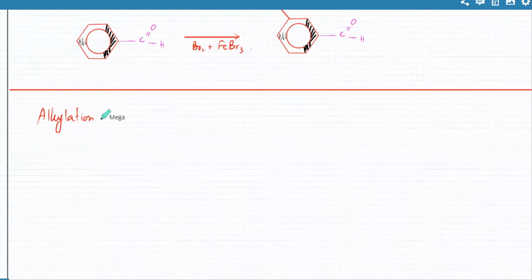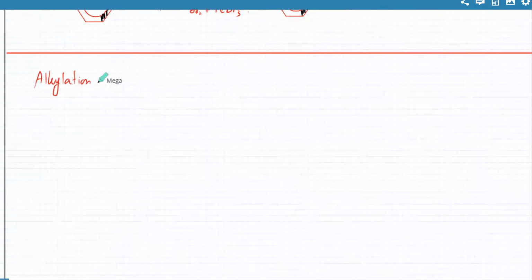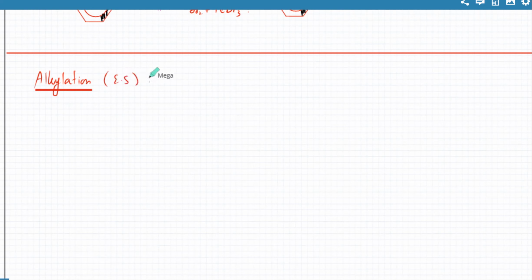So the other ones, you've got alkylation. Alkylation is an electrophilic substitution reaction, but you don't have to link it up with that. In alkylation, an alkyl chain gets attached to benzene.